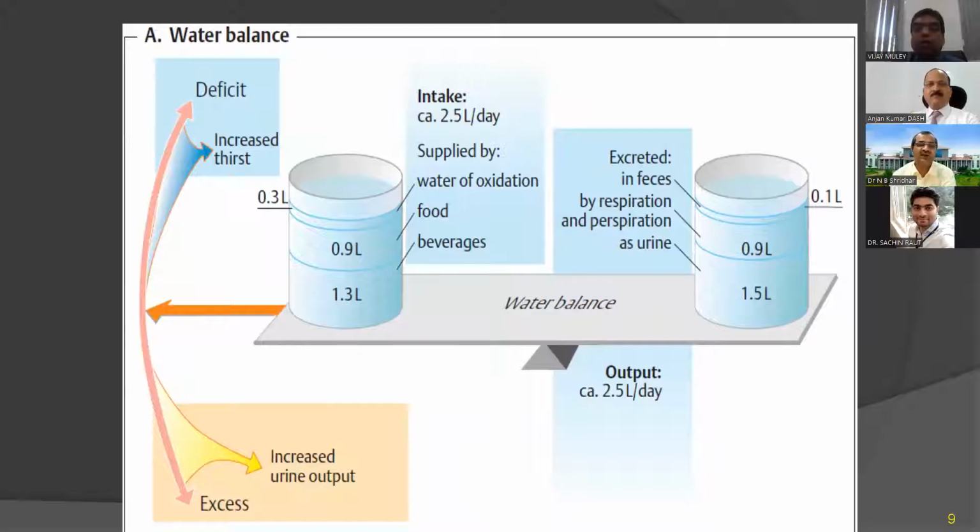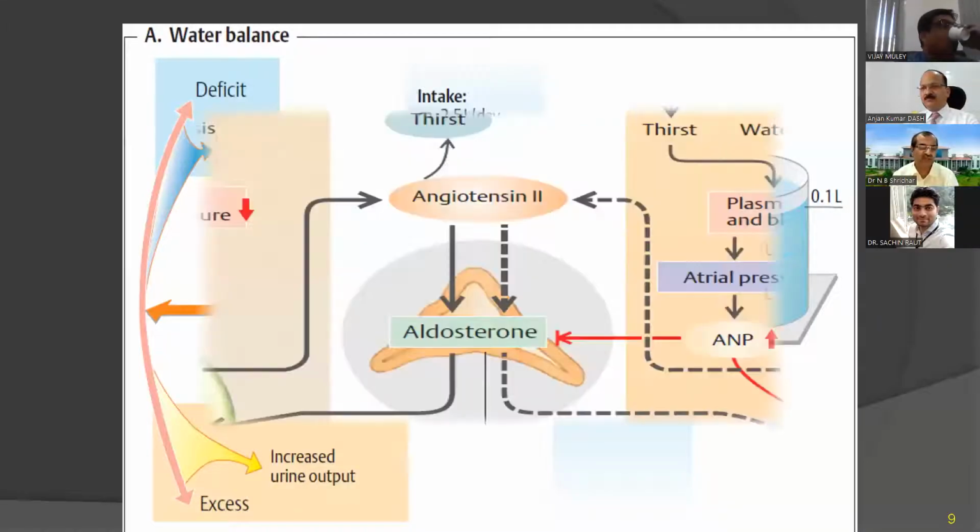Water is supplied by the food and beverages, and in the case of ruminants, by what the owner feeds. Water is also excreted in feces, through respiration, and through urine.